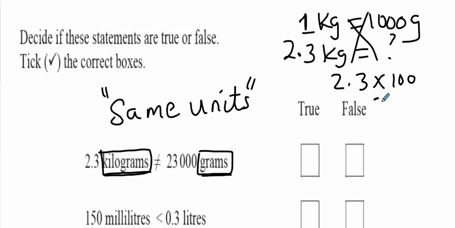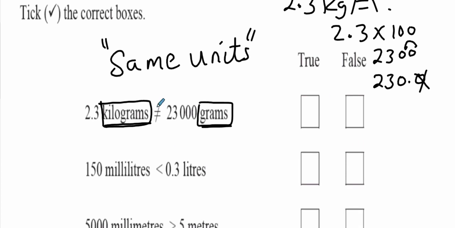This will be, put the digits next to each other. And this is one decimal place, so you count one number. This will be 2300.0. So you can cancel that. Now the question is 2.3 kilograms, I got 2300 gram.